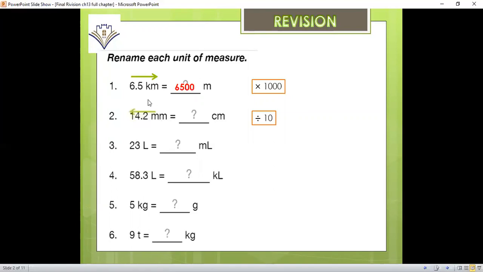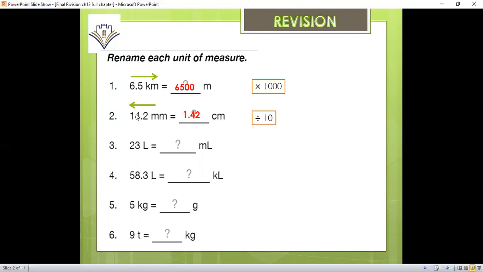Then we move the decimal point to the left, how many decimal places according to the number of zeros. Move it 1 decimal place. It will be 1.42 centimeters.